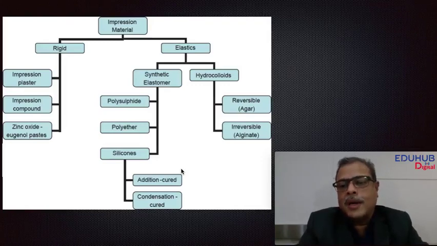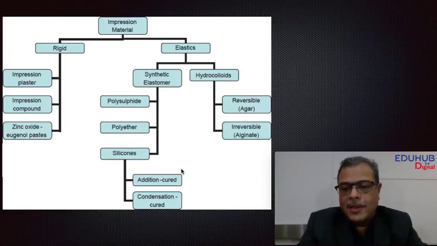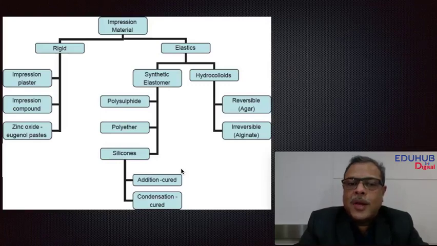While elastic material is used for dentulous cases, where you can have two groups: synthetic elastomeric impressions, or hydrocolloids, which could again be reversible like agar agar, and irreversible, which is alginate. And in synthetic elastomeric, we will have different groups like polysulfide, polyether, and silicones, which can be addition or condensation silicone. So this will be the overall classification.